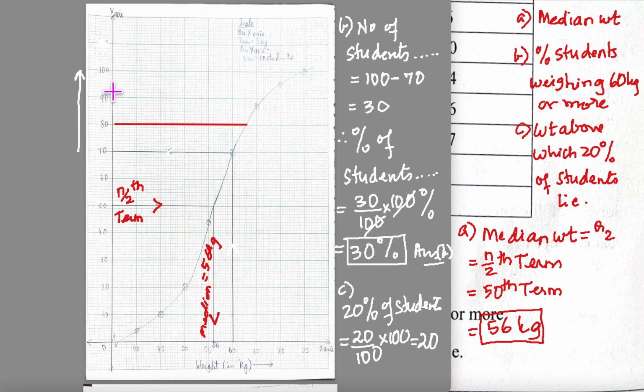Can you see from here to here there are 20 students. This region is the overweight people. So from here you'll have to come down. Now I'm going to ask you to read this because I cannot read this. How much is it? How much is this number?